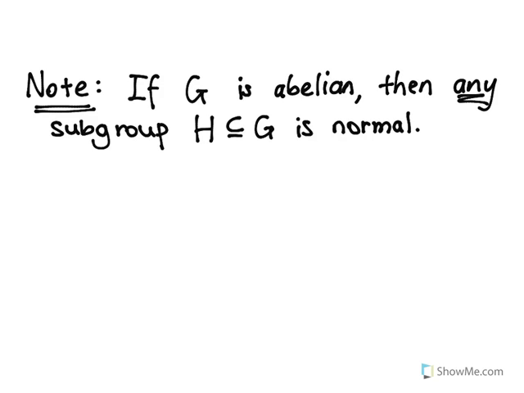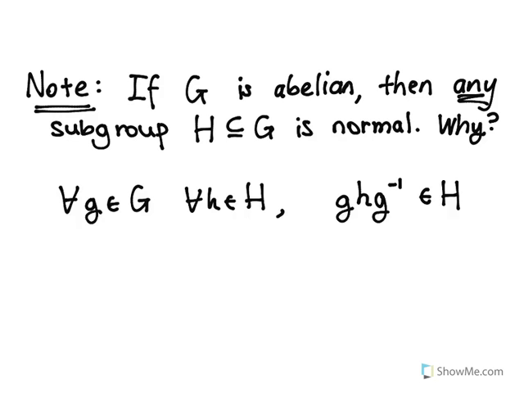In particular, that last comment hints at the following true fact, which is that if G is an abelian group, then in fact any subgroup whatsoever inside of G is necessarily normal. Let's unpack why that's true.